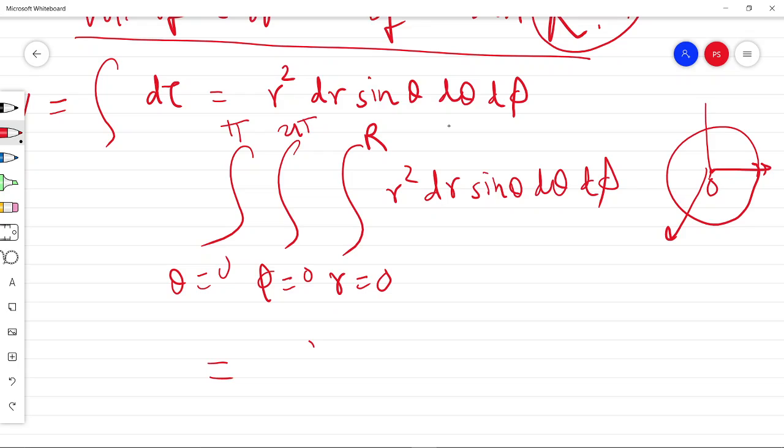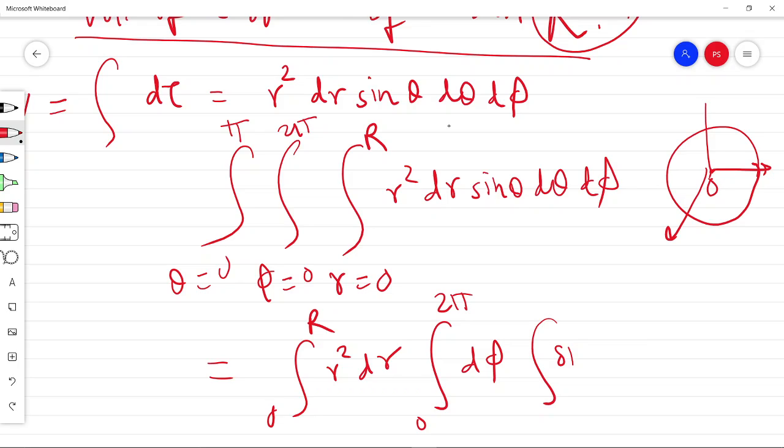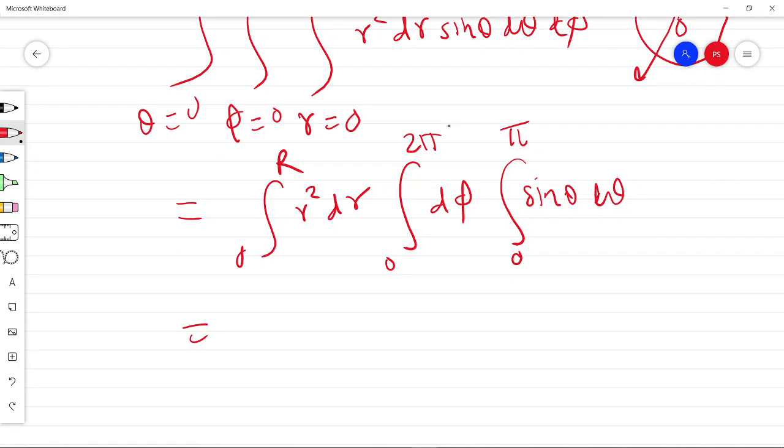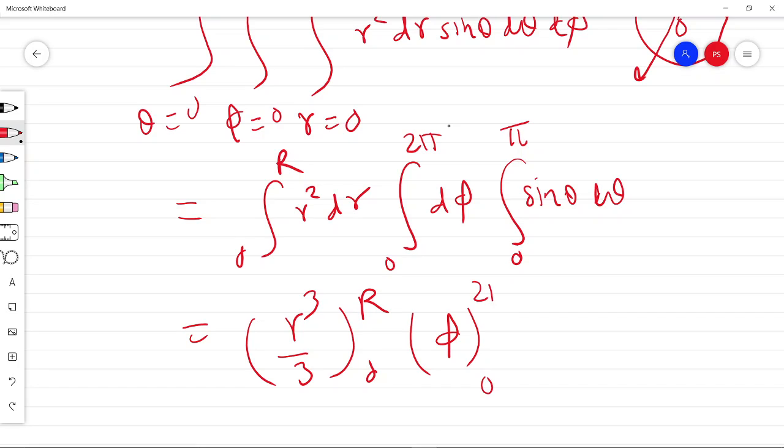So this is equal to the integral of r square dr from 0 to r, integral d phi from 0 to 2 pi, integral sine theta d theta from 0 to pi. Now this can be solved. Integral of this is r cube by 3 between limits 0 to r. Integral of d phi is phi between limits 0 to 2 pi.